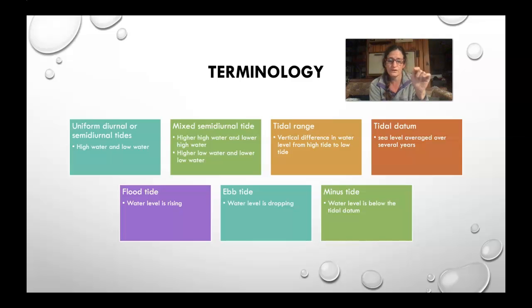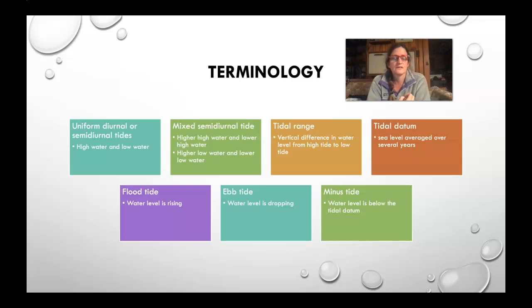And so pinpointing that with average highs or average lows is one way to do it, or the average middle of the tide. So that becomes the tidal datum. NOAA, the National Oceanic and Atmospheric Administration, sets the tidal datums, and they change periodically depending on the rate of sea level rise.